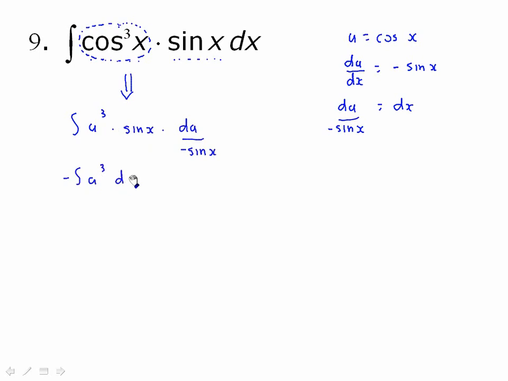So I will also take that negative outside just to get it out of the way. And when we integrate it, we'll get 1 over 4 u to the 4 with a negative, plus c. And then this is negative 1 over 4 cos to the 4 x plus c.